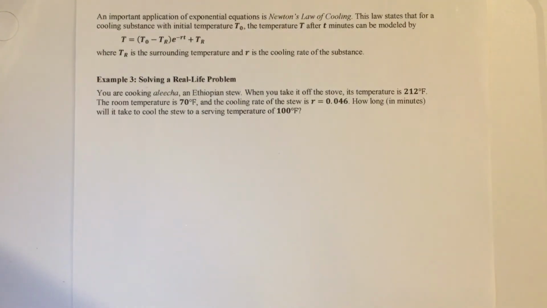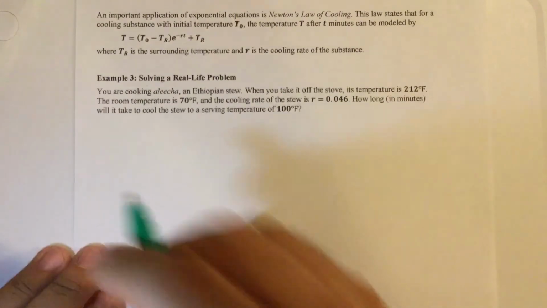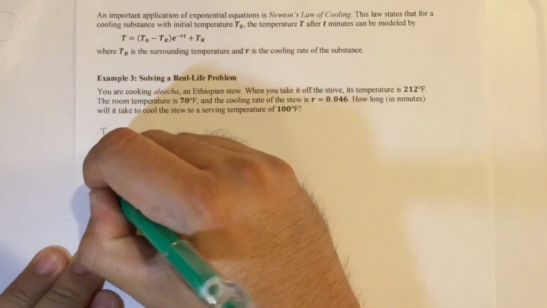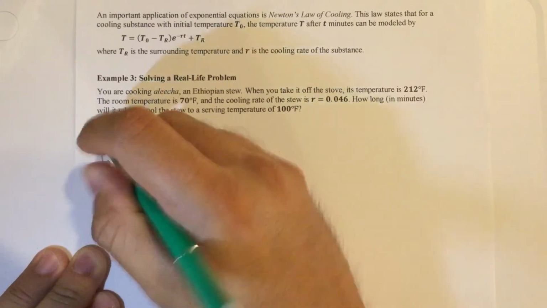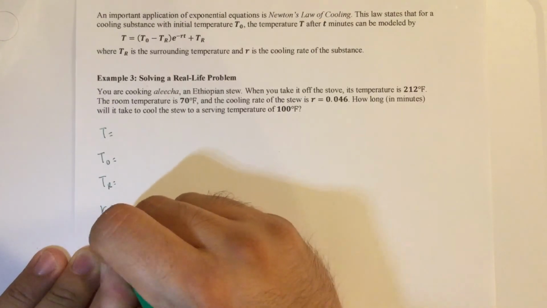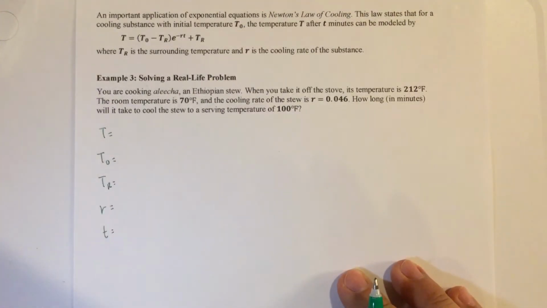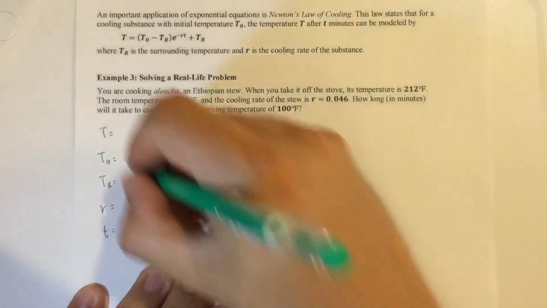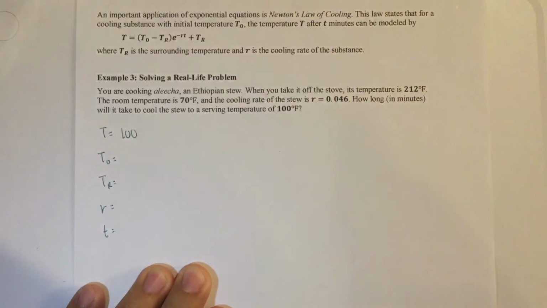All right, so the first thing I'm going to do is find all my information. I need to know what T is, T sub 0, T sub r, r, and t. So we start with T, which is the temperature after t minutes. In this case, it is 100 degrees. That's what we're trying to get it down to.